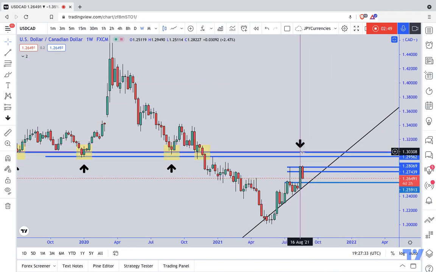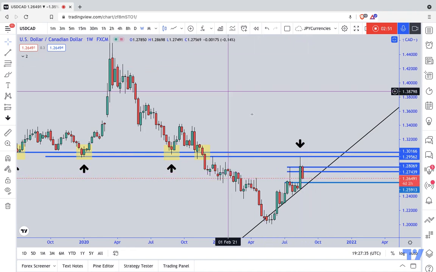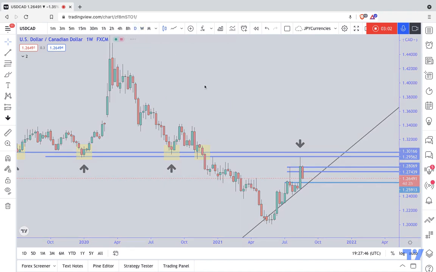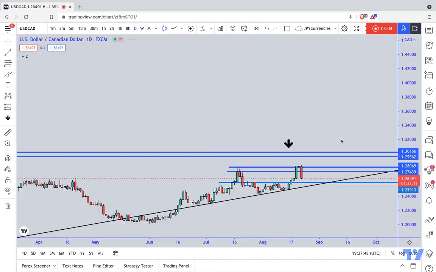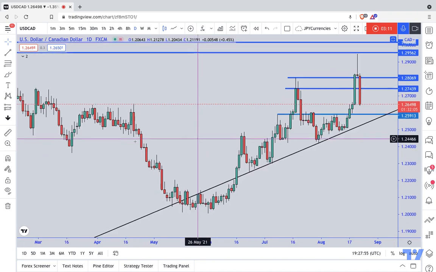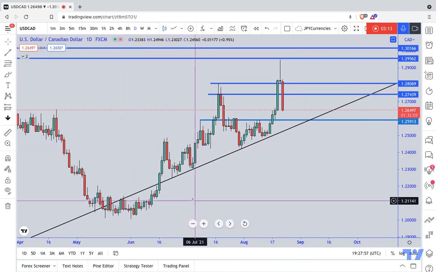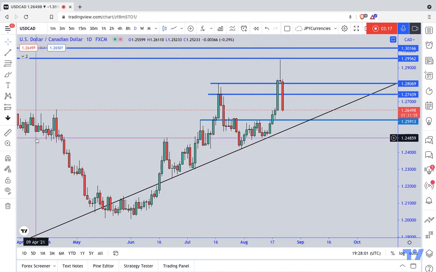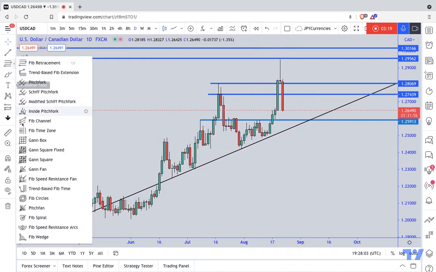But first, we have to look at what's happening here and see if we're gonna come up here and break this resistance. So let us head to the daily time frame and see what's happening. Okay, so now we're on the daily time frame. As we can see, there's this very strong trend line.